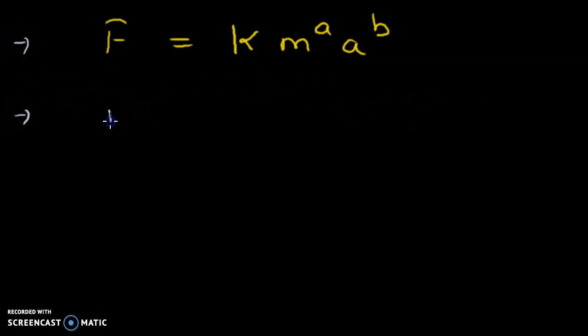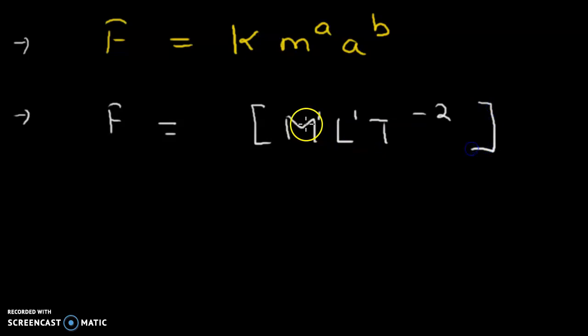I know the dimension formula of force, which is M to the power 1, L to the power 1, t to the power minus 2. Now the same goes for the right hand side, the dimension formula has to be the same.